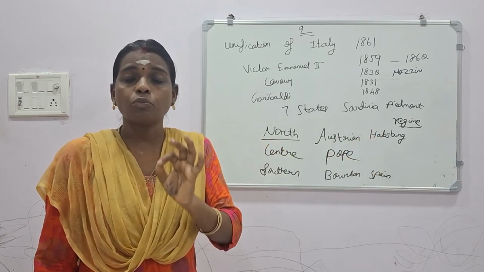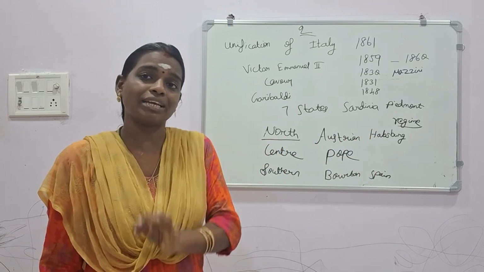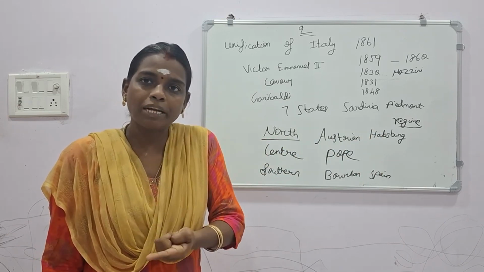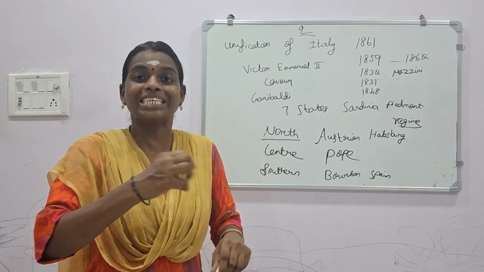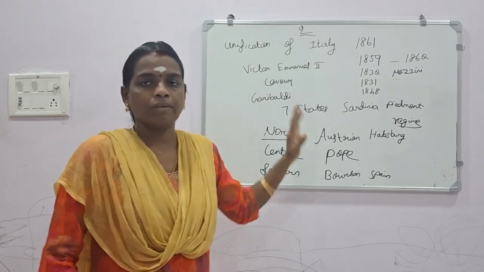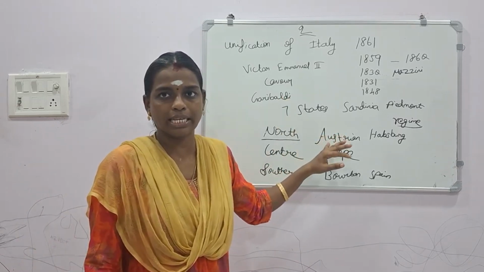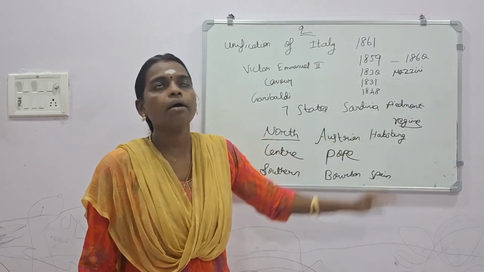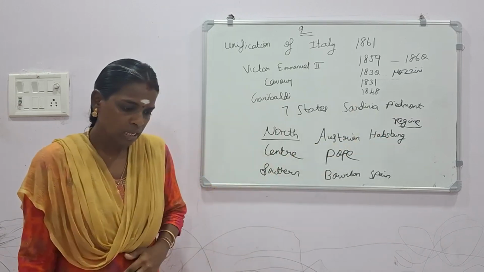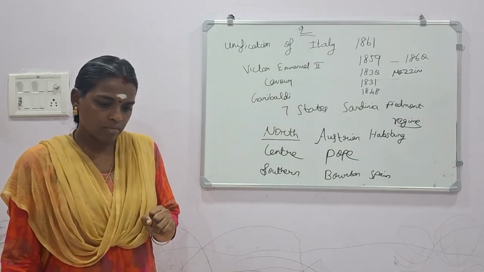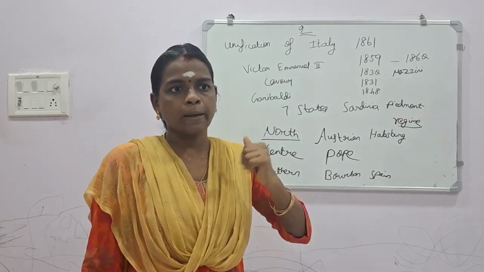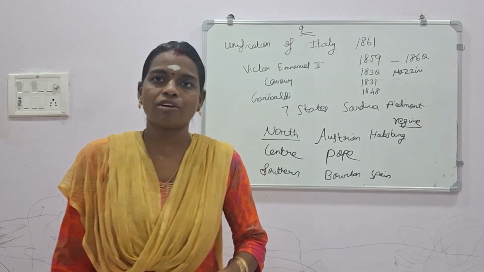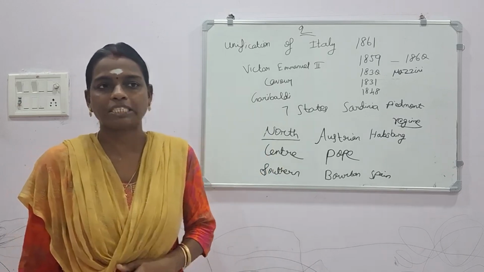When that work ended in failure, the same work was continued by Victor Emmanuel II, the king of Sardinia Piedmont. And he led a revolt and a struggle against the government for the unification of Italy.